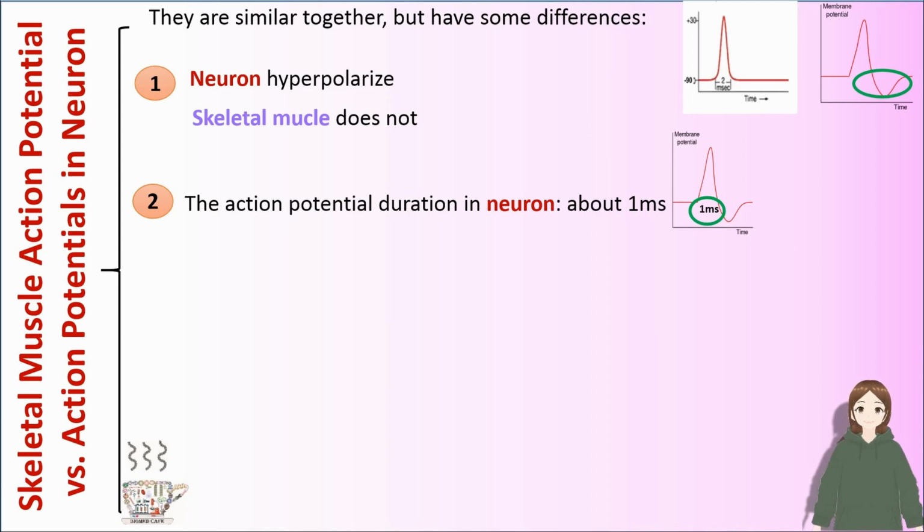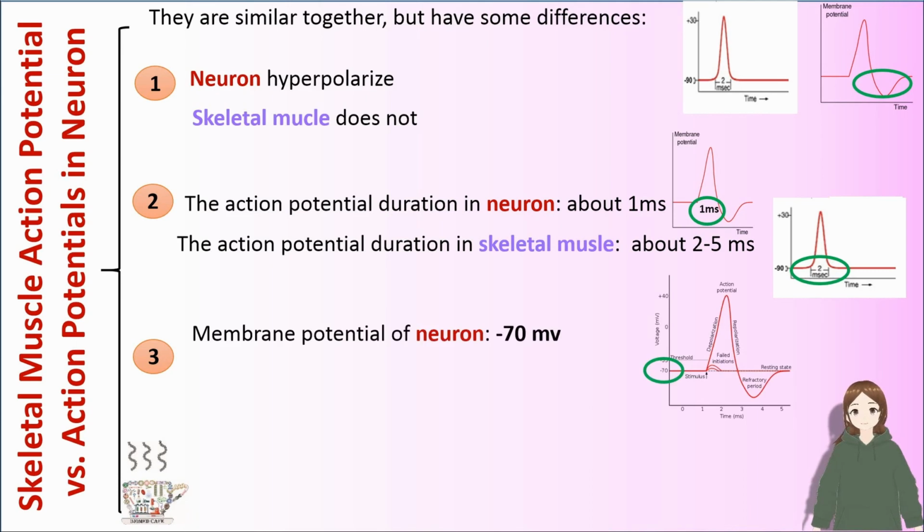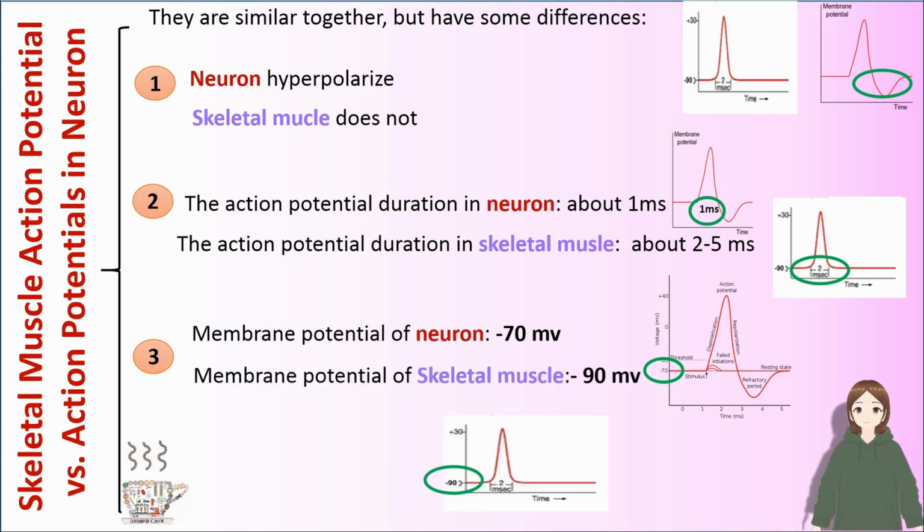The action potential duration in neuron is about 1 millisecond, but the action potential duration in a skeletal muscle is about 2 to 5 milliseconds. 3. Membrane potential of neuron is minus 70 millivolt, but membrane potential of a skeletal muscle is minus 90 millivolt.